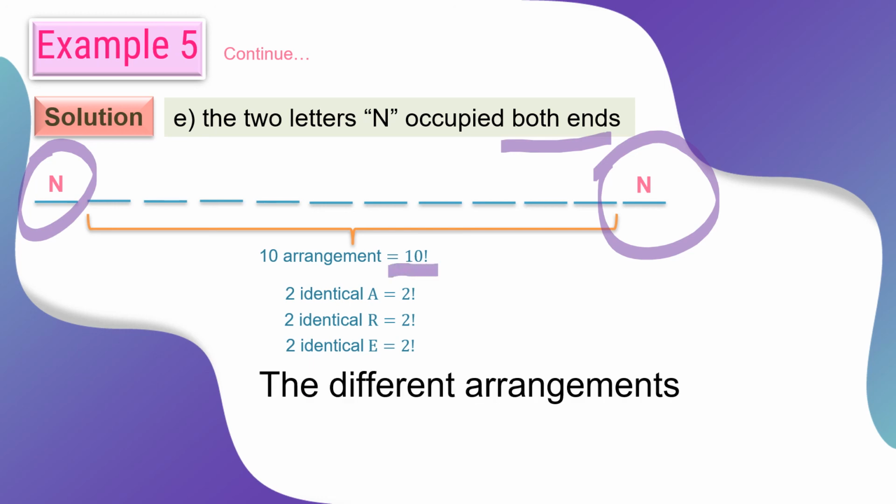And you must identify what the identical letters are. We have identical letter A, we have R, and we have E. Okay, so how to write down: 10 factorial divided by 2 factorial divided by 2 factorial divided by 2 factorial, for A, R, and E.